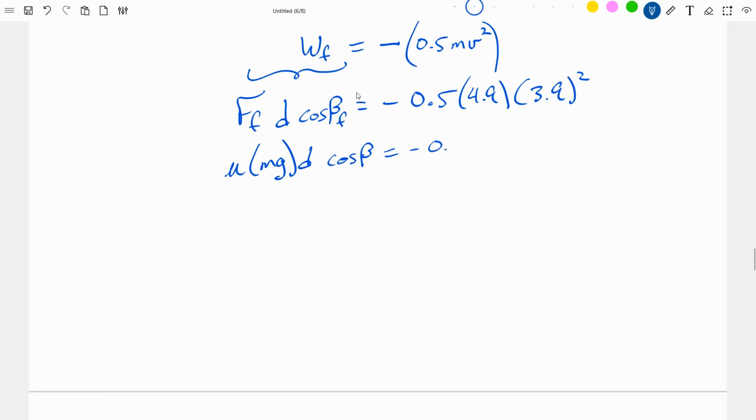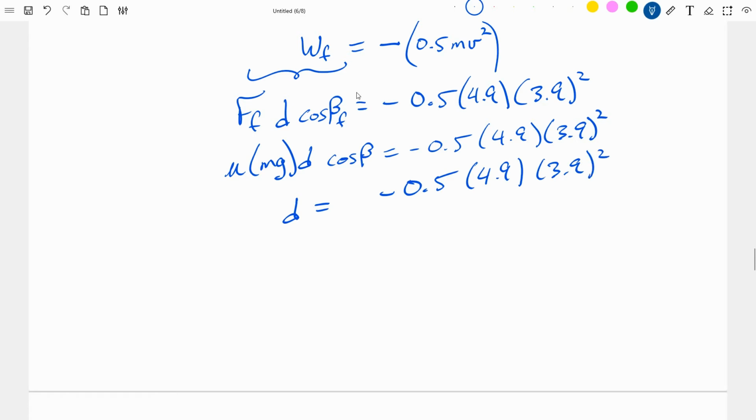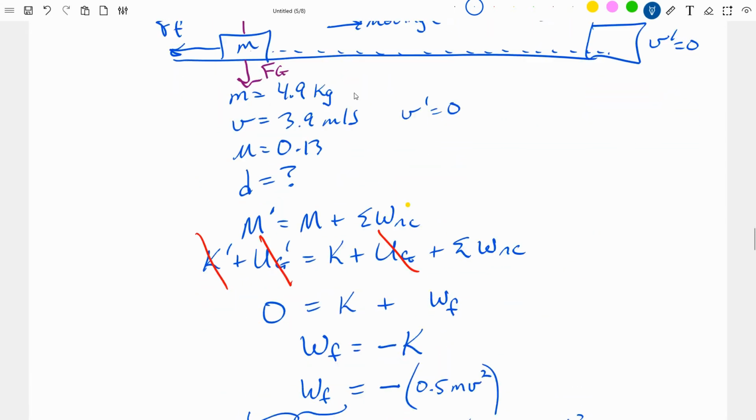So negative 0.5, 4.9. I should have kept this algebraic a little bit longer, so it's a bit of a mishmash, but so be it. Distance is equal to negative 0.5, 4.9, 3.9 squared, all of which is over mu. And again, I'm just going to put the numbers in now, sorry. Mu is 0.13.